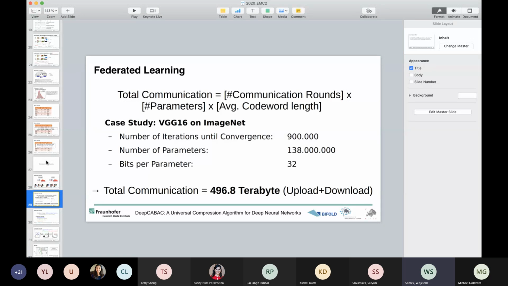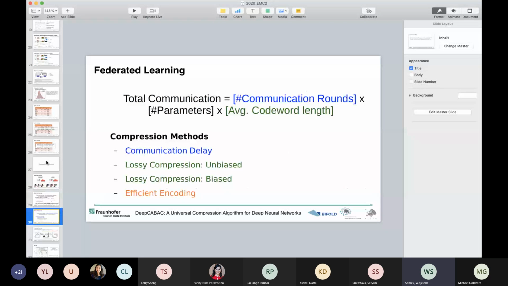Therefore, of course, you need some kind of compression and sparsification techniques to reduce the size. And the total communication overhead consists of three factors. First, how often you communicate, the communication rounds.